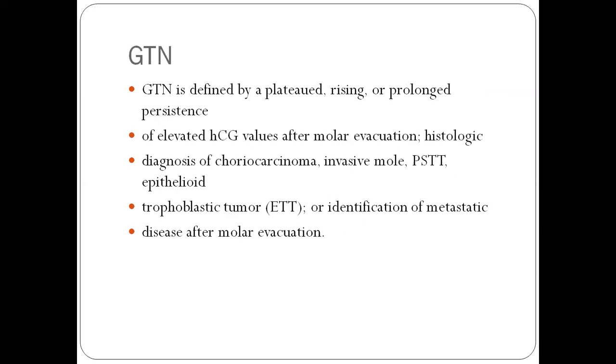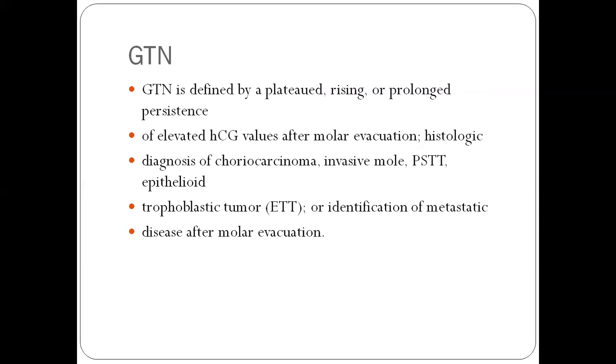Yes. So GTN, this is basically gestational trophoblastic neoplasia. This is the malignant or cancerous form of gestational trophoblastic disease. The diagnosis is made when there are rising beta HCG levels or they are persistent, even without histological diagnosis, and this is normally adequate to start treatment.